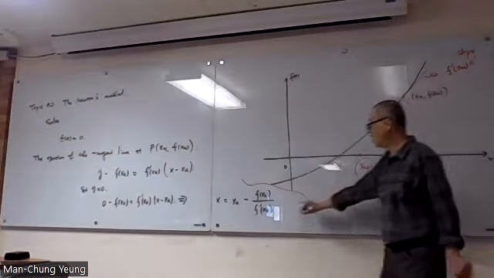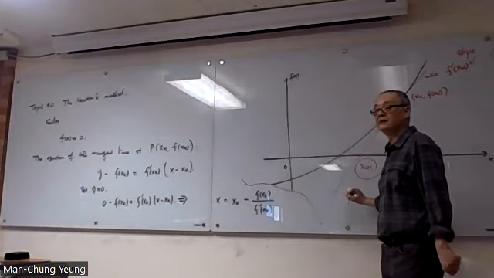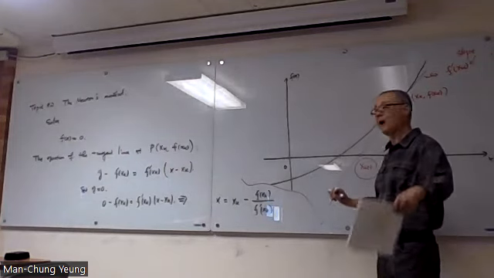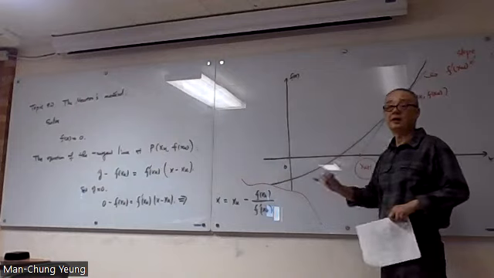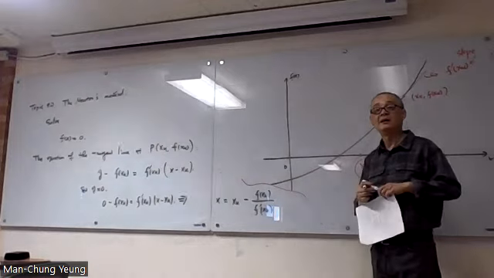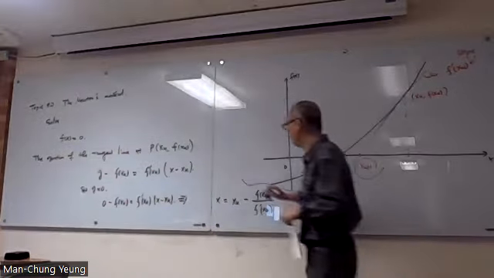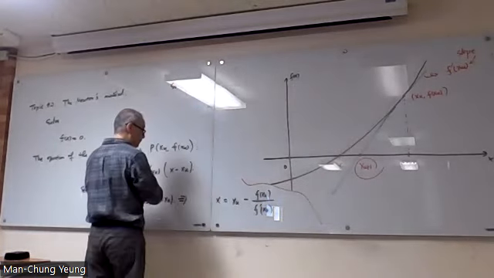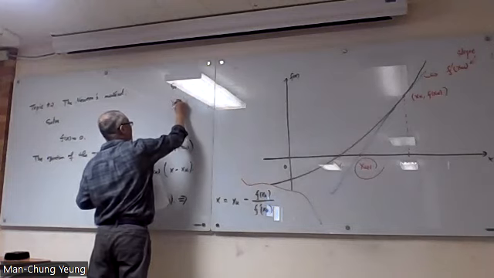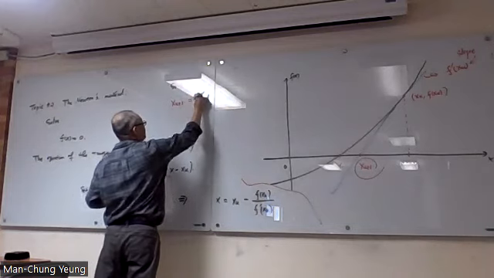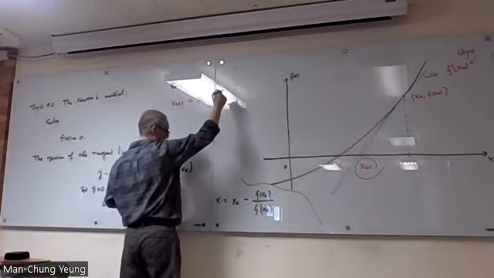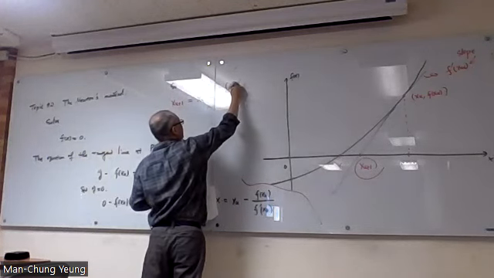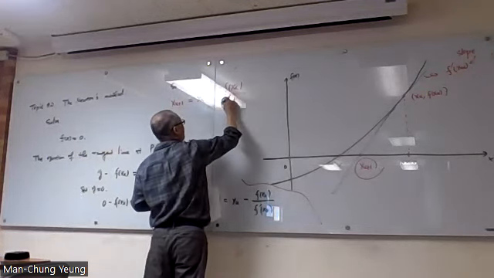Now this point is a better approximation to the root. We call this point xk plus 1. So xk plus 1 is xk minus f(xk) over f prime of xk.